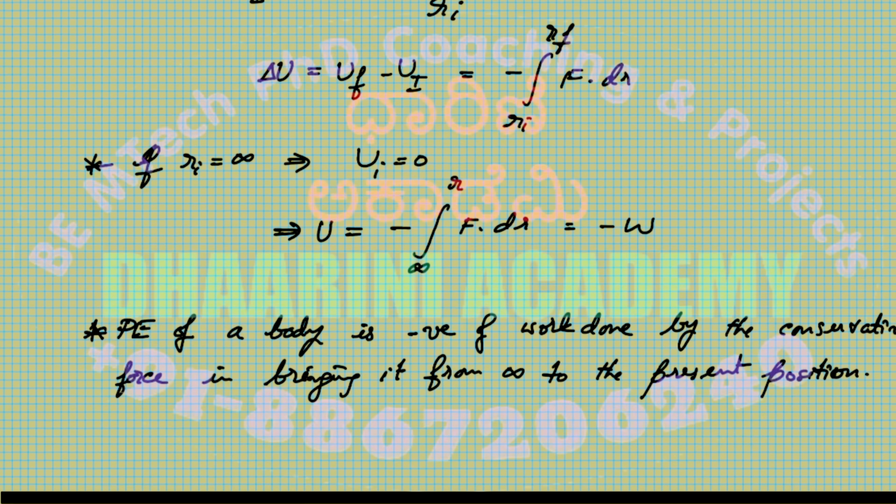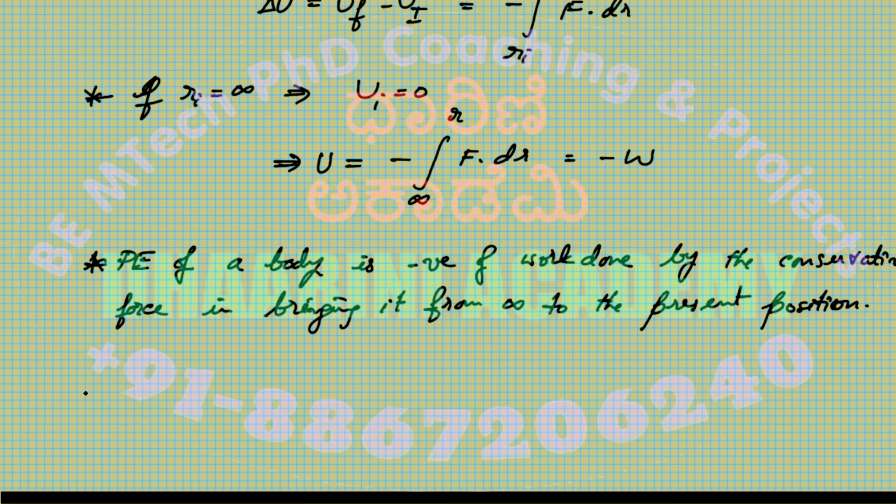I'll write that. So since U is equal to minus of integral F dot dr, which means that if I want to find F, I have to perform the differentiation. Take the minus to the other side and differentiate.